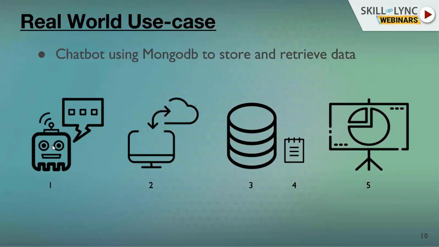This chatbot has a front end piece, which can be of any channel, like a web-based chatbot, or third-party applications like Facebook Messenger or Line Messenger, or even Google Assistant. So this can be plugged into any of the channels.